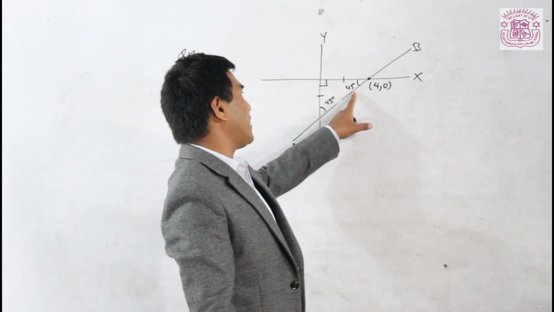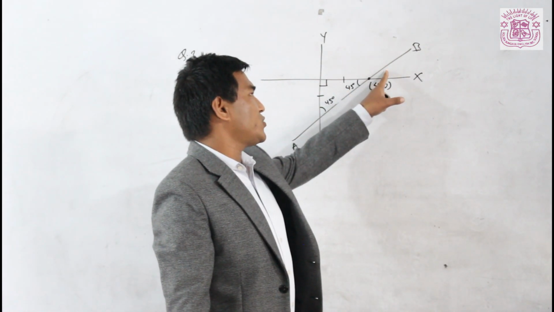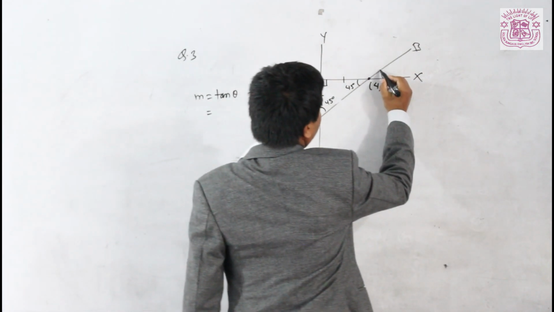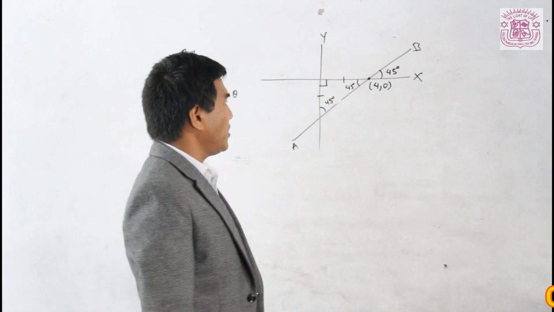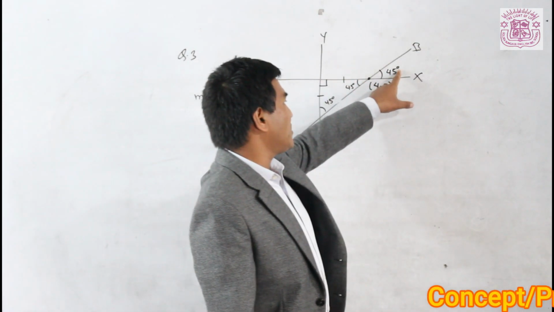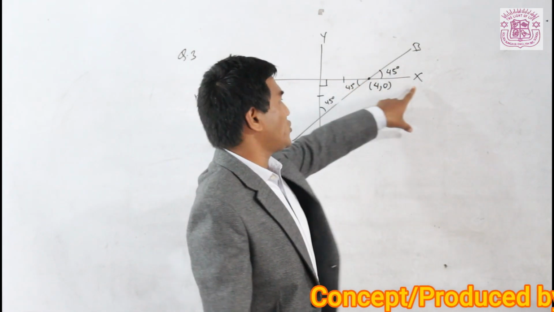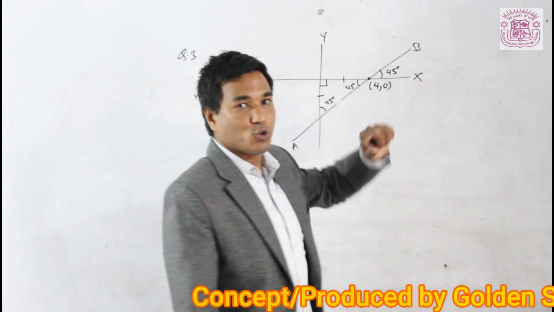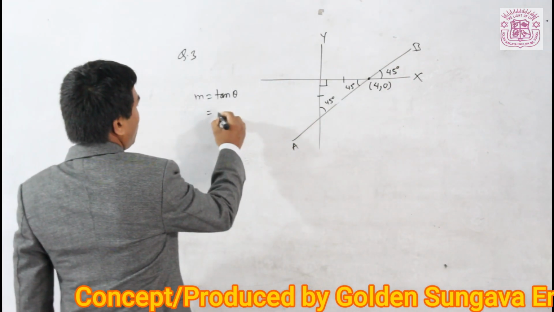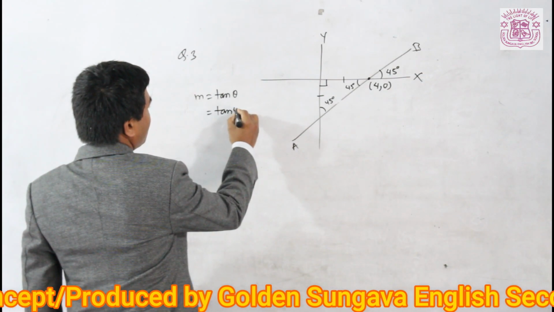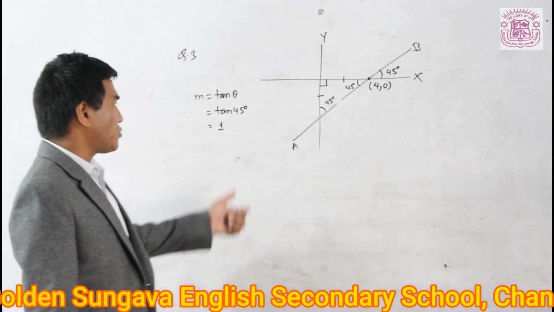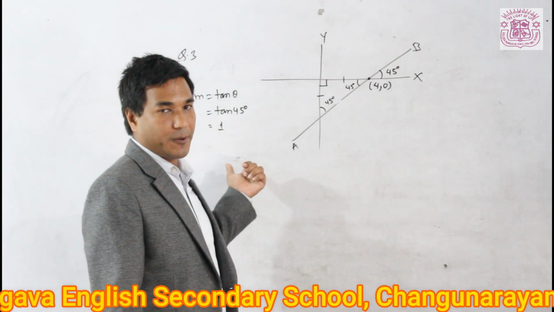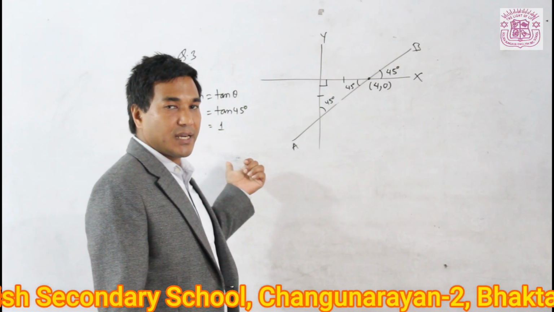If this angle is 45 degree, the opposite angle will be what? Also 45 degree, because they are vertically opposite angles. Now this angle is the angle made by the line with the positive x-axis, so it gives the slope of the line. The slope is m equals tan 45 degree, and the value of tan 45 is 1. So the slope of the line is 1. Have you got that?